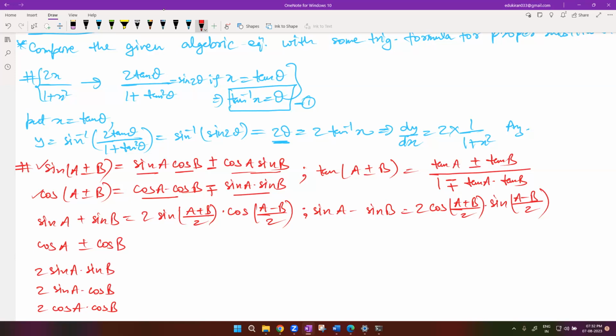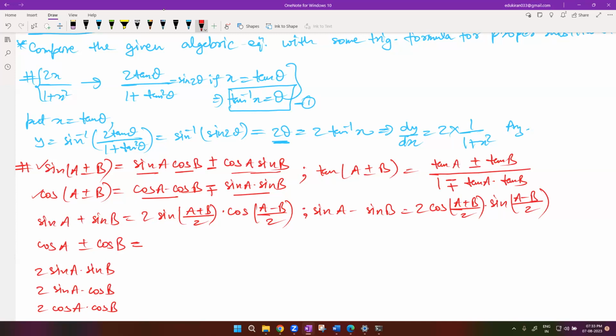So now I am applying on sine again. See, the answer contains sine and cos both. Either you write sine A plus sine B, or you write sine A minus sine B. But while I operate on cos, you can see that both of the functions will be same. So either sine or cos, right?